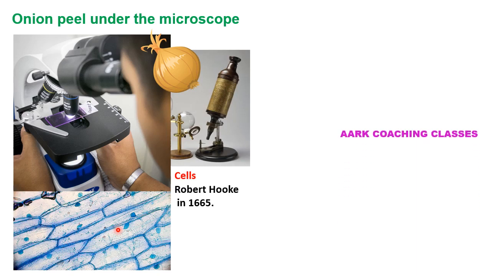Now we know that Robert Hooke in 1665 for the first time observed cells and coined the term cells for these structures. These are units, just like bricks are units of a wall, these cells are units of an entire organism.